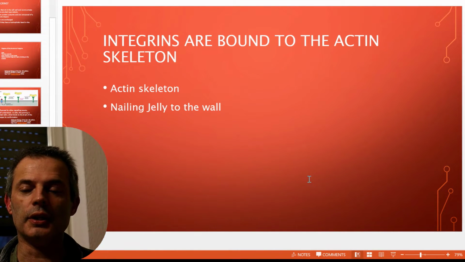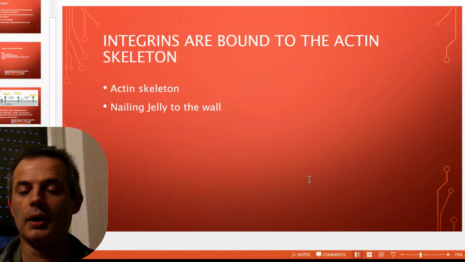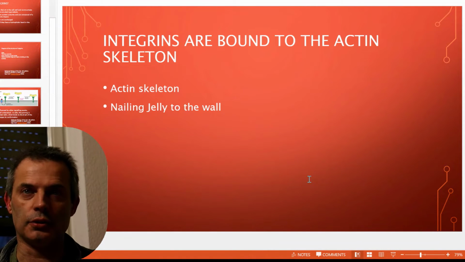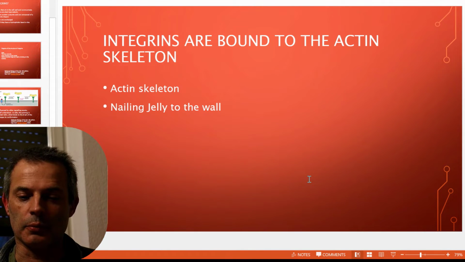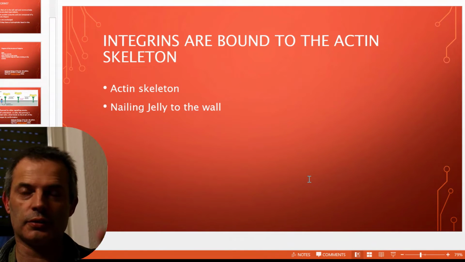In order for the integrins not to just get ripped out of the cell wall, they need to be bound to the actin skeleton. That is how the cell can then move around or attach using them. So it can either pull on those integrin binding sites and move itself along the surface, or it can hold itself still against some kind of movement.